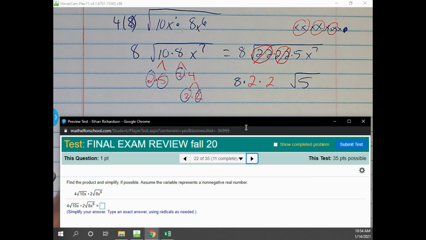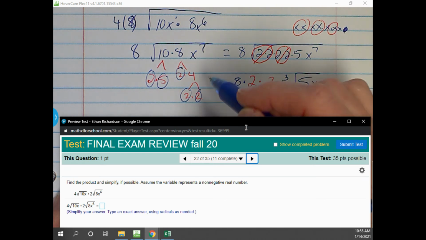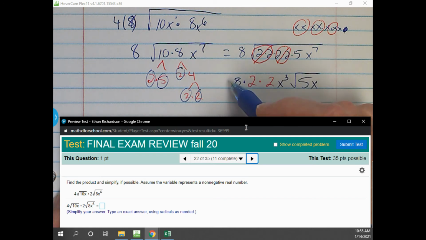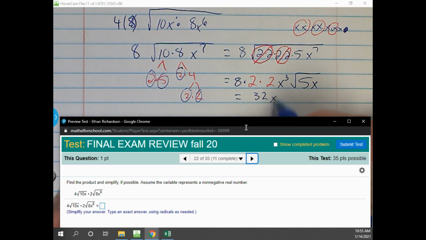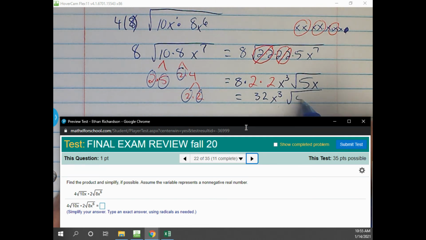If you have 7 x's, you've got 1, 2, 3 pairs that can get out, and then you've got 1 that's stuck on the inside. Okay, so then we're 8 times 2 for 16, 16 times 2 for 32. x to the 3rd, and then the square root would have the 5 and the x on the inside.